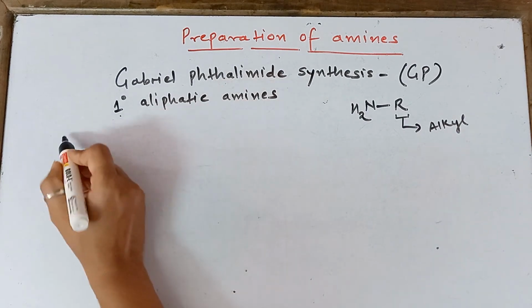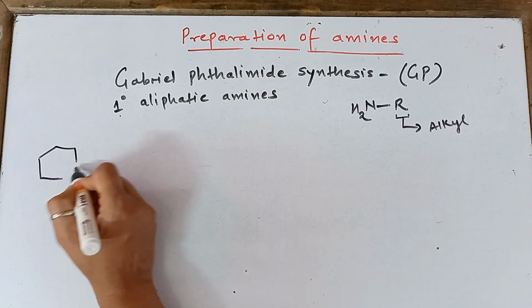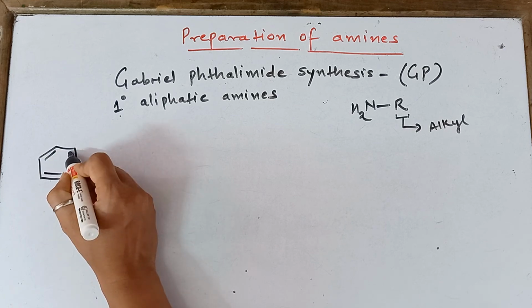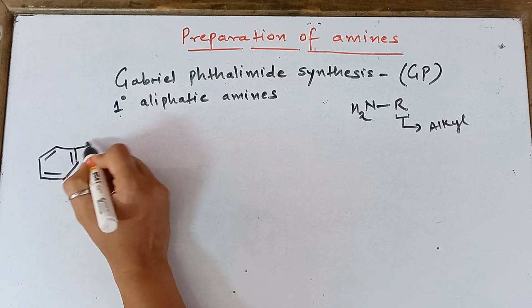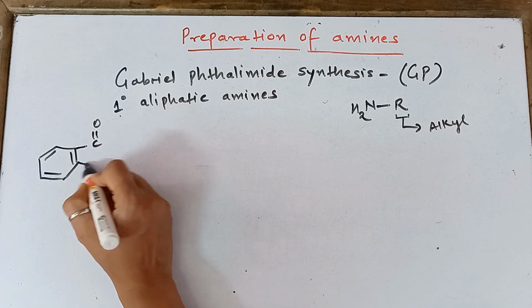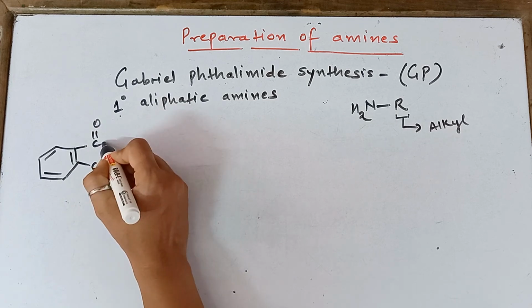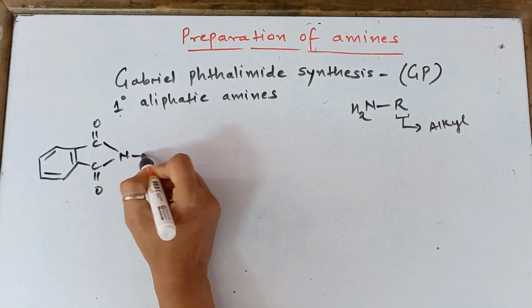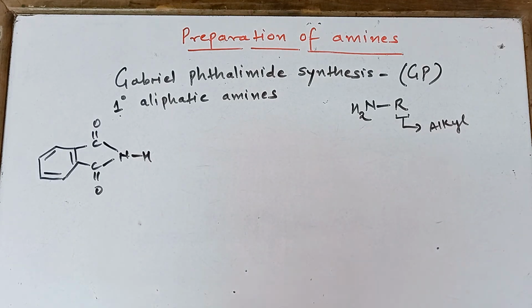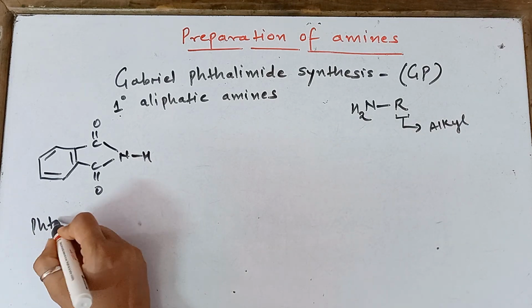As we can see here, we are going to use the raw material phthalimide. So children, you have to practice the structure of phthalimide, how to draw it. It's very simple. We are just going to write here N and H. That's your phthalimide.